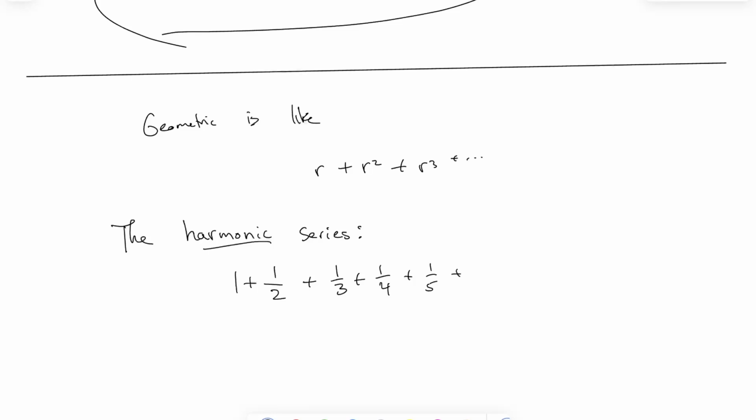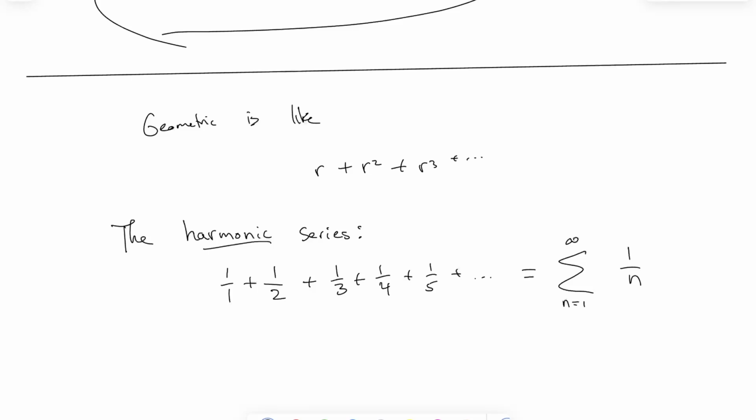It is the sum of fractions having increasing denominators. That 1 on the front, you might prefer to think of it as 1 over 1, right? Of course, that equals 1. But this is called the harmonic series. Another way of writing it would be just that, the sum of 1 over n. This is called the harmonic series.